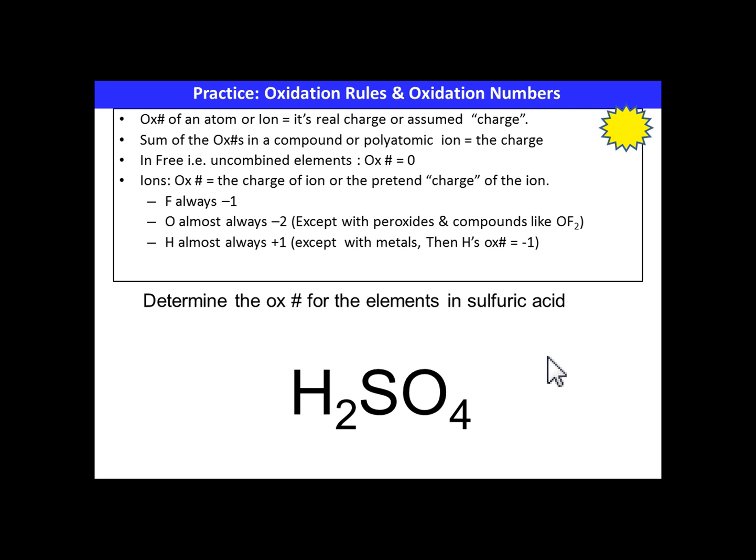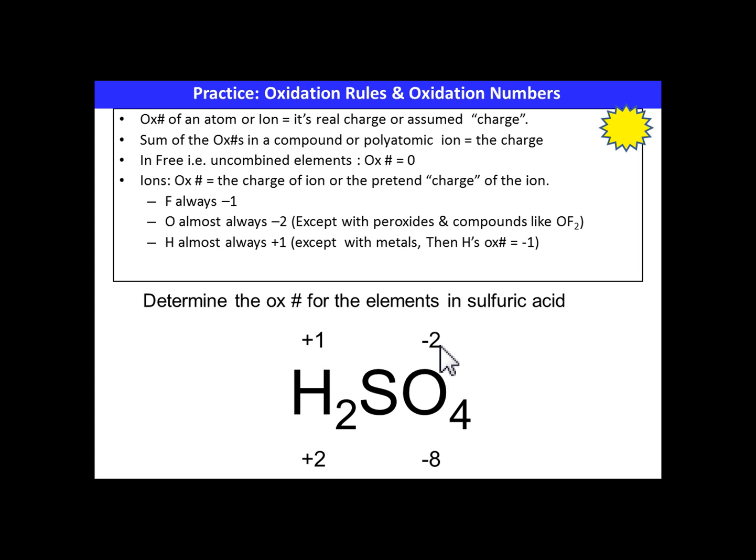Okay, what is the oxidation number for the elements in sulfuric acid, H2SO4? We know hydrogen is +1 because this is not one of the exceptions for hydrogen. Oxygen is -2. So the positives due to hydrogen add up to +2 because there's 2 of them at +1 each.